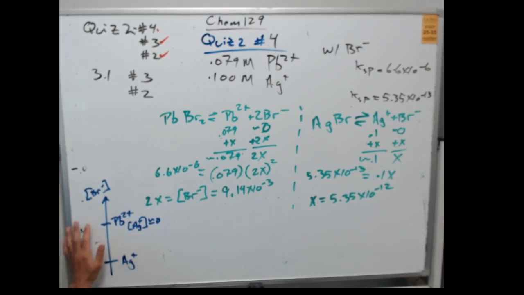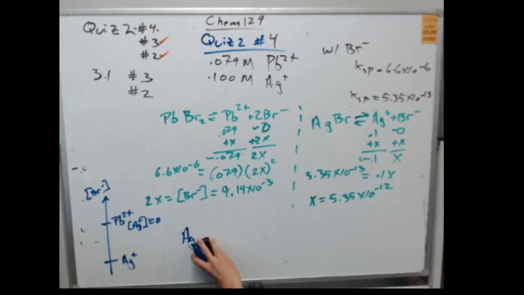This means at this point, my lead concentration is approximately the same, so I can just drop that number in for my lead concentration. My silver concentration is approximately 0. I can't just drop a 0 in there because it's approximately 0, not actually 0. So I say, okay, what is it really? How do I figure it out? What's the real equilibrium?